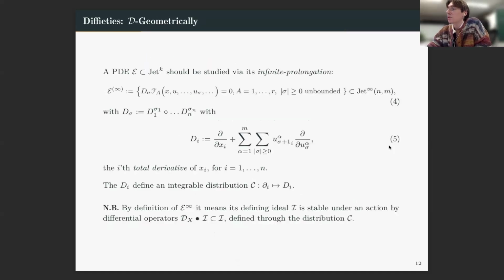It comes with its Cartan distribution, and we want to study, modulo the typical assumptions of formal integrability, so that we have all the differential, it's differentially consistent. We have this infinite prolongation, and we want this not to be empty or equal to all of the jet space, so just the empty PDE. So the idea is really that, as we know, we have these total derivatives, and the solutions are these integral submanifolds of this Cartan distribution.